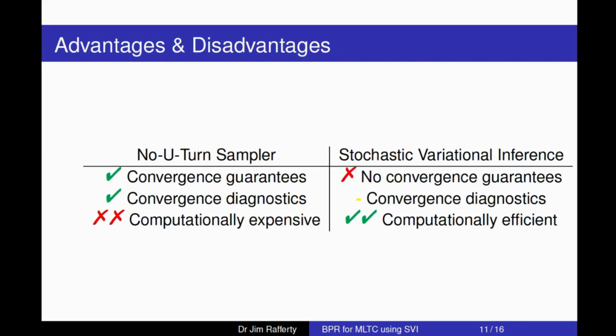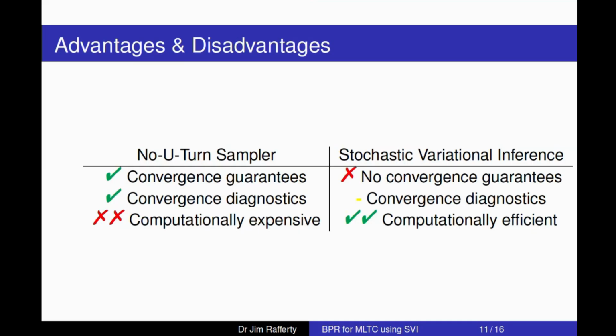So things like R-hat, which measures chain mixing, and autocorrelation, which is a measure of convergence. SVI does have some convergence diagnostics, but they're a little bit more limited. You're pretty much limited to looking at the loss and making sure it doesn't change over sequential iterations to see if your algorithm has converged.